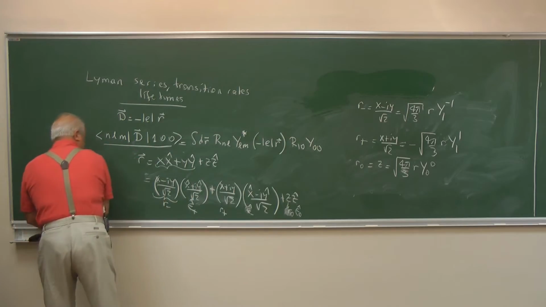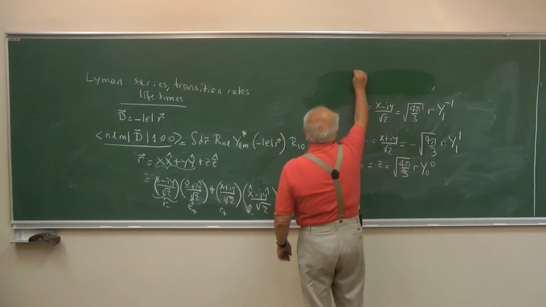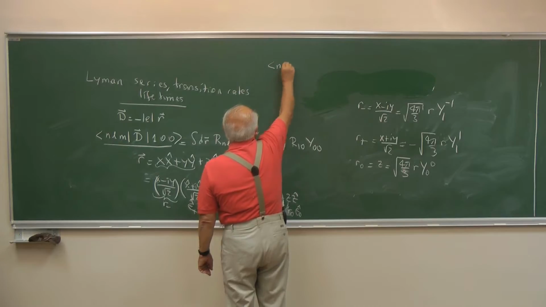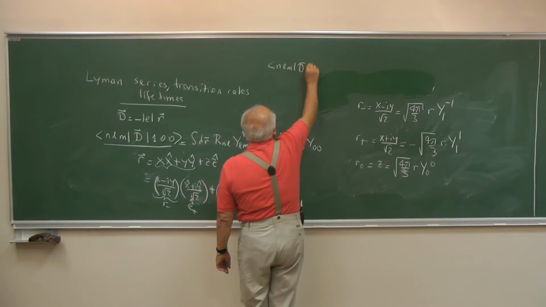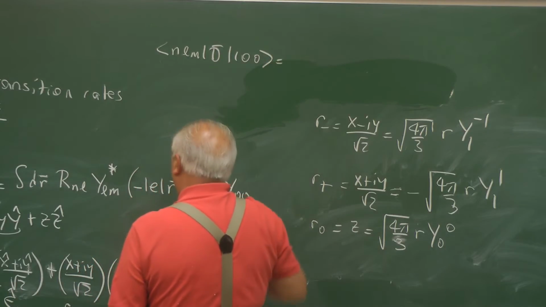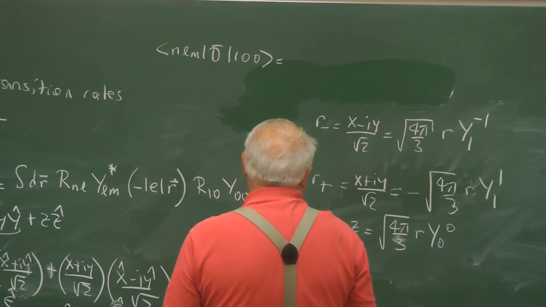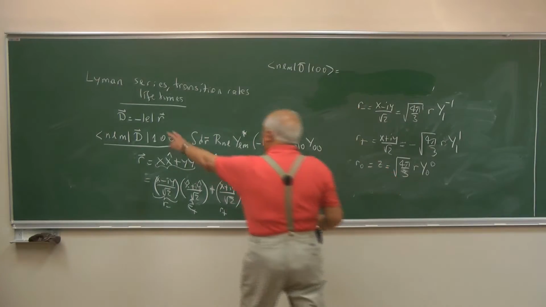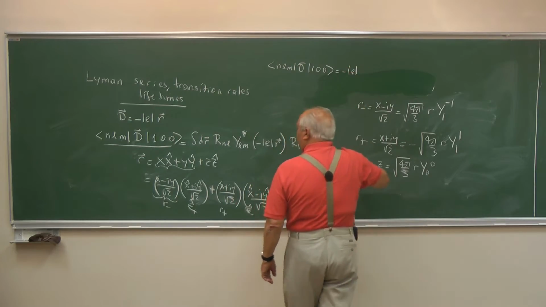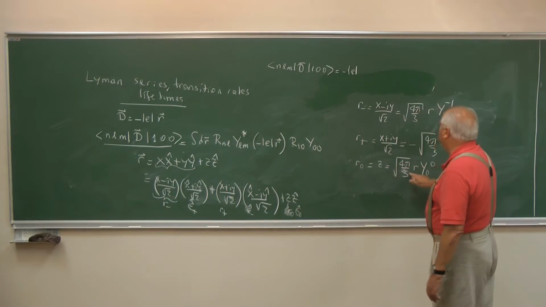And n l m d 100 equals, I have minus e from the d, minus e, and then everybody has a root 4 pi over 3, so I take that out.